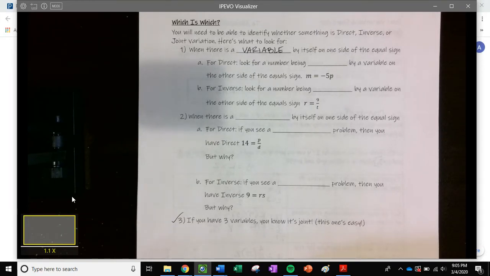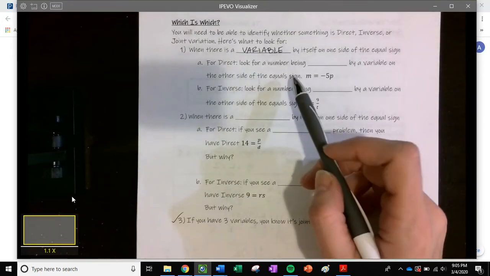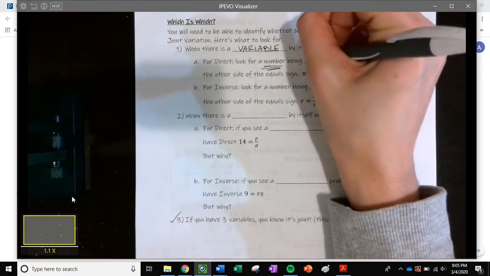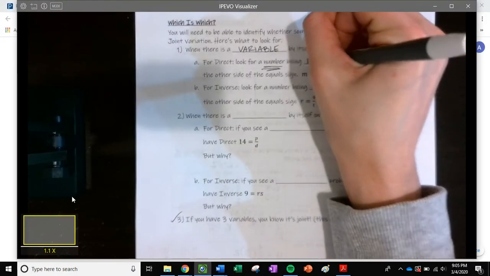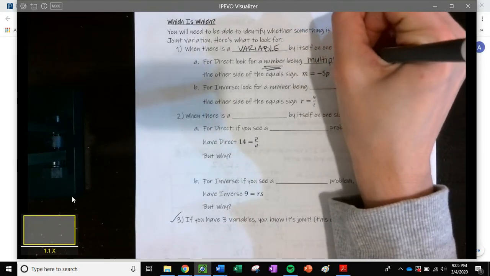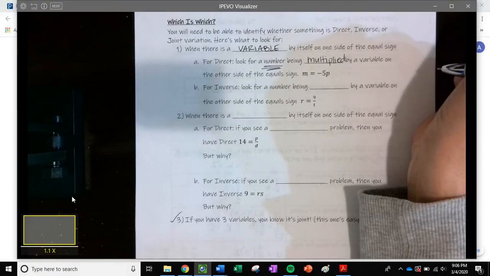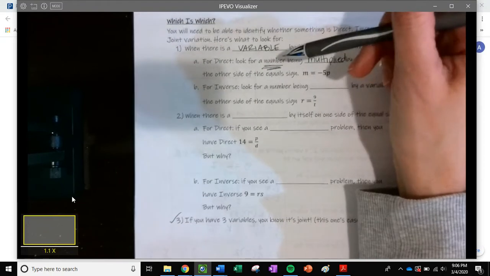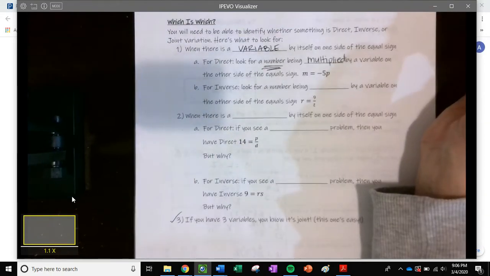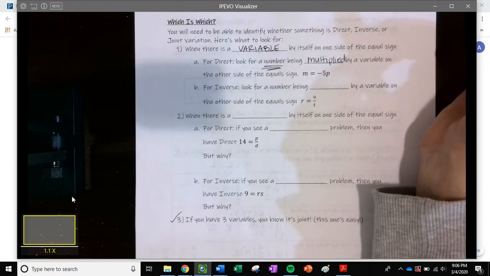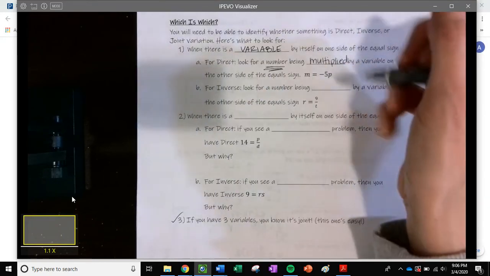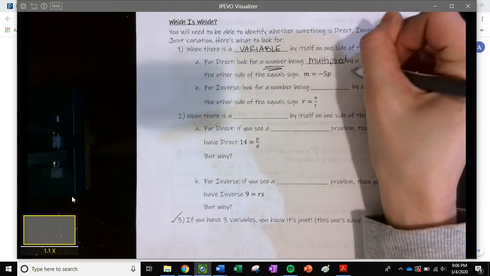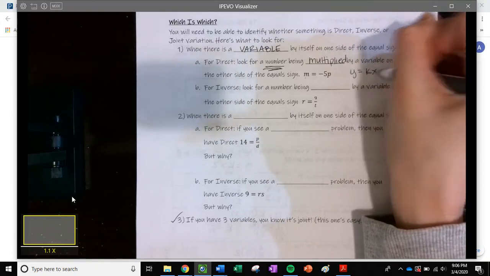So when you see the formula in the way that you're used to seeing it with a variable by itself on one side, if a number is being multiplied by a variable on the other side of the equal sign, let's just say, for sake of discussion, the variable is by itself on the left. If on the right side you have a number being multiplied by a variable, such as m equals negative 5p, you know that's direct. That's the same style as y equals k times x, right?